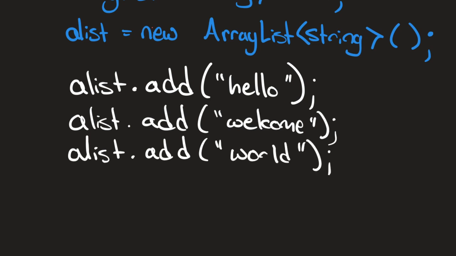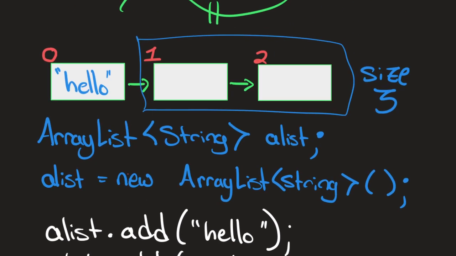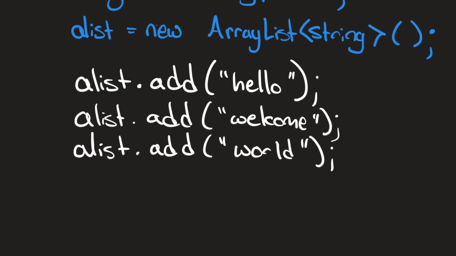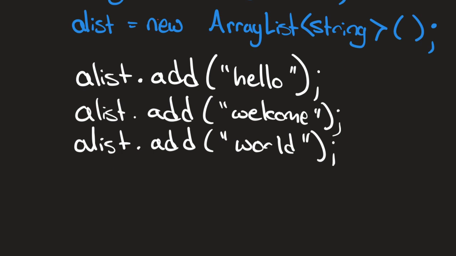So here we have hello, welcome, and world, and that's what the ArrayList looks like right now. We've added 3 elements to it.